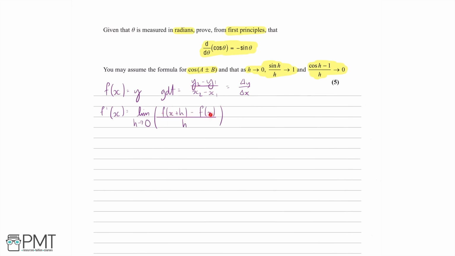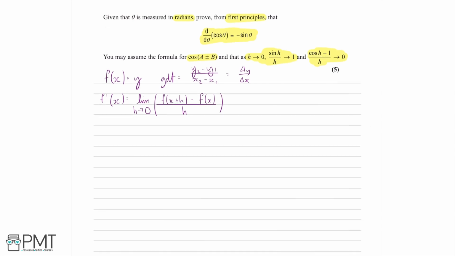So we have y2 minus y1 at the top, and at the bottom we have x2 minus x1. Now x1 is x and x2 is x plus h, then x plus h minus x just leaves us with h, so we have an h on the bottom. So this right here, we're finding the gradient of the function, so we're differentiating here to find the gradient of the function. And we want to find the limit as this approaches 0, as that'll give us the exact derivative. And you can find this formula in your formula booklet.